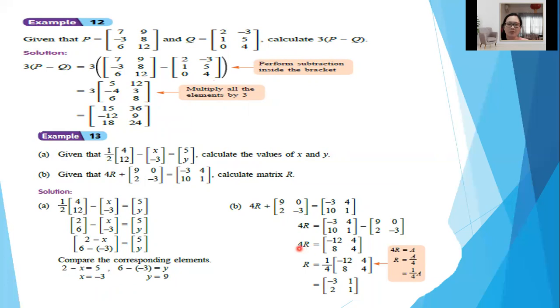Since we multiply 1 over 4 here, we also multiply 1 over 4 here. So multiply the 1 over 4 into each element. Then we get our final answer, negative 3, 1, 2, and 1.